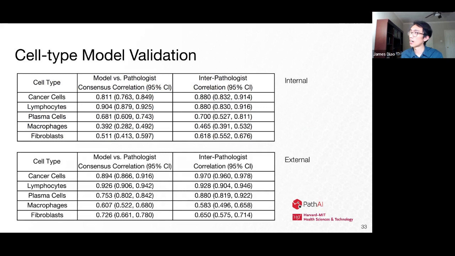I'm trying to remember what the data set was called, but it's a public data set, 72 H&E slides of breast cancer, and demonstrated something similar, where I think we underperformed a bit in cancer cells, did the same in lymphocytes, underperformed a bit in plasma cells, but did better in macrophages and fibroblasts, which doesn't necessarily mean we actually did better, but at least means we can be reasonably confident that those are getting pretty close to the best we can do.